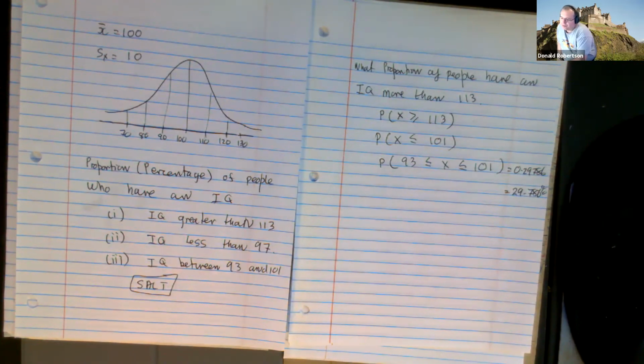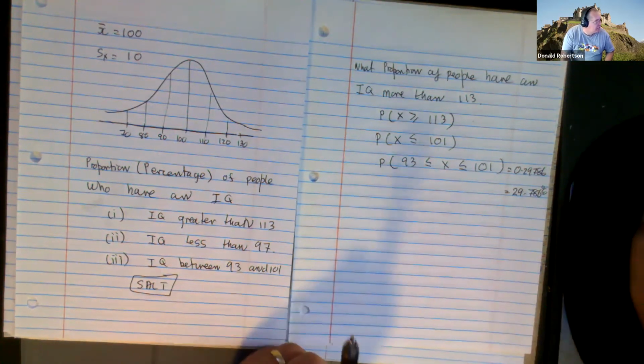Proportion is a decimal between 0 and 1, typically. Percentage is a number, in our case, typically between 0 and 100%. Are we good? Any questions? I like it. No questions.